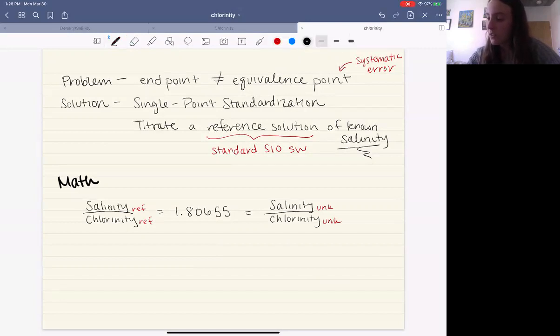Another thing to note is chlorinity, like we defined earlier, it's just the concentration of those halide ions, and concentration can be written in grams per kilogram. So this is grams of halide ions per kilogram of the entire solution.